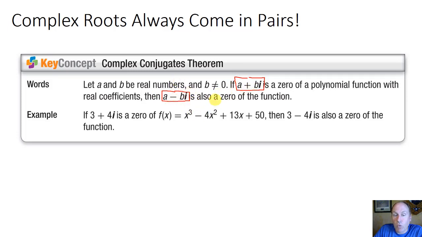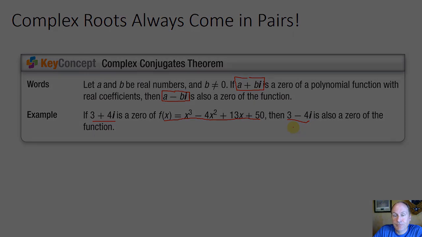So if you get one of these as a zero, its conjugate has to be a zero as well. For example, if I'm told that 3 plus 4i is a zero of this polynomial function, then I know by the complex conjugates theorem that 3 minus 4i must also be a zero. So complex roots always come in pairs.